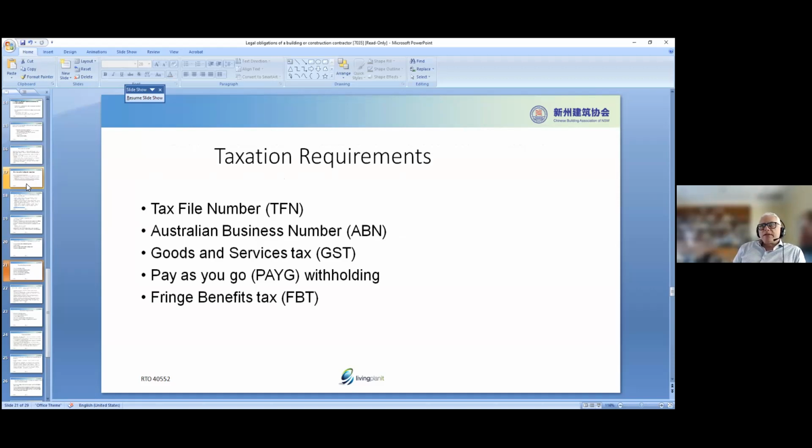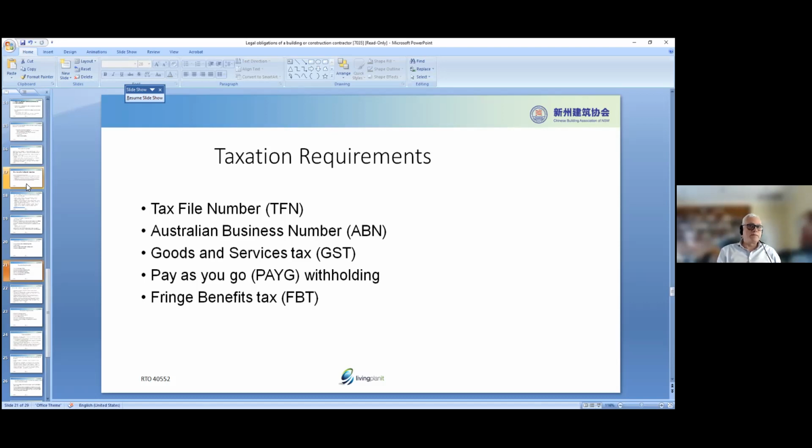Okay, taxation requirements. Obviously, every business has a taxation requirement, and we have certain things that we need to follow in construction as well. So we have to have everything another business needs, which is a tax file number and ABN. We have to pay GST if you're registered for GST, and every business that has a turnover over 75,000, I think, needs to be registered for GST.